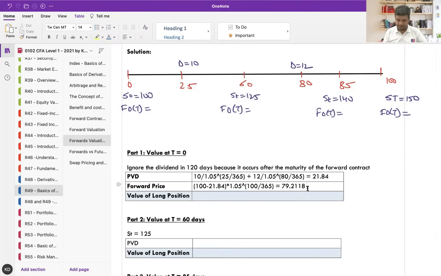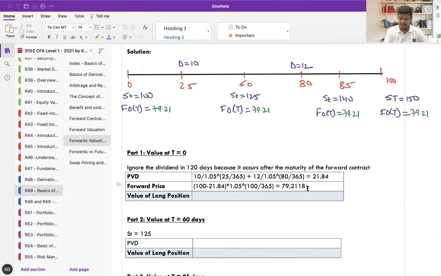Is that clear? Yes. Now, this should be your future price. What should be your future price? It is, which is not going to change, 79.21. Are you getting it? This will not change. Clear.